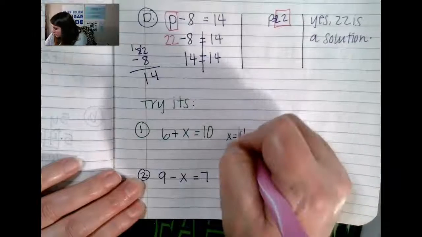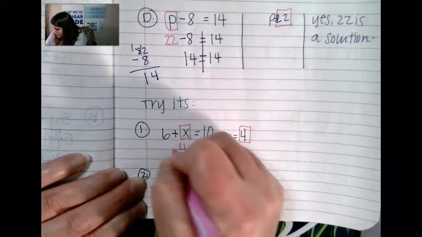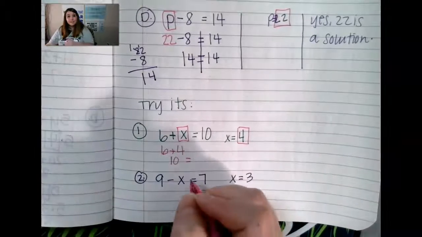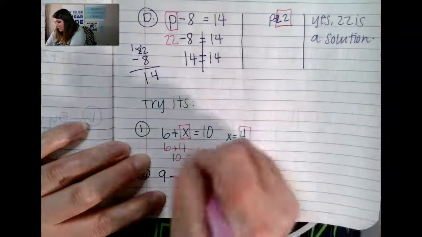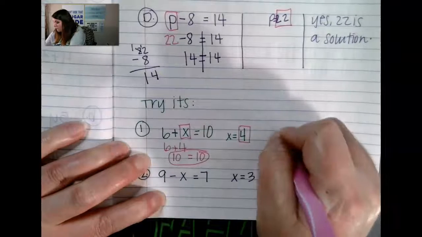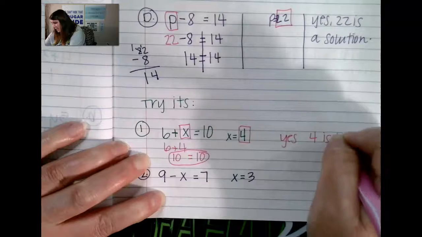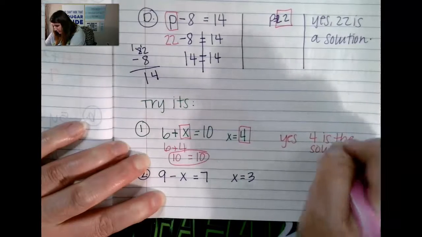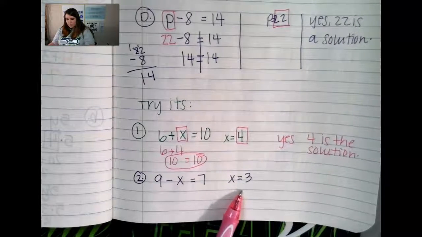All right, so my first step is to put 4 in for x. And 6 plus 4 does equal 10. I know because 6, 7, 8, 9, 10. And 10 is equal to 10. So, yes, true. 4 is the solution. We have a winner. Okay, the next one. X equals 3.